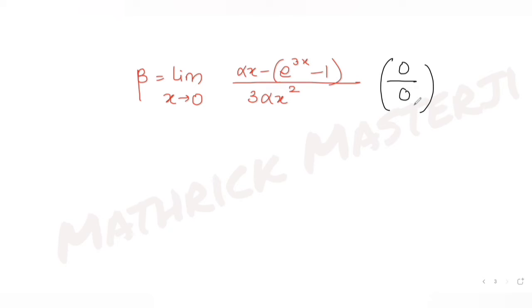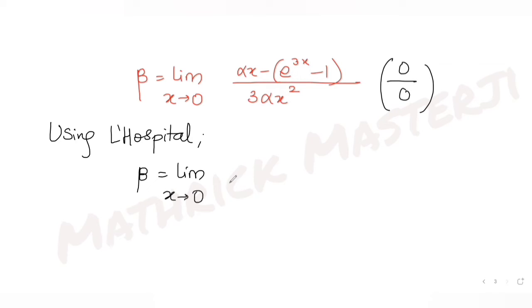Once you have the 0 by 0 indeterminate form, we know we can use L'Hopital's rule to solve the question further. If I use L'Hopital's rule, beta becomes the limit as x tends to 0. For the numerator, you can just take the derivative. The derivative makes it alpha, because the derivative of x is 1. E raised to 3x makes it 3 e raised to 3x, and the derivative of 1 is again 0.